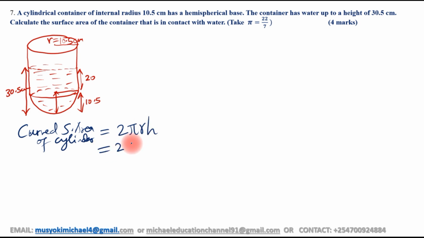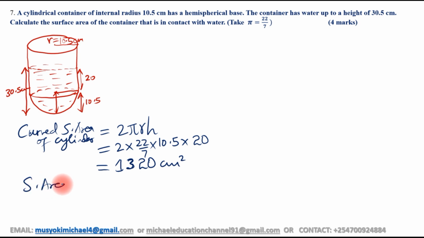So we have 2 times pi, we are being asked to use 22/7, then the radius is 10.5 times the height, which will be 20 centimeter. If you work this out with your calculator, you get 1,320 centimeter squared.